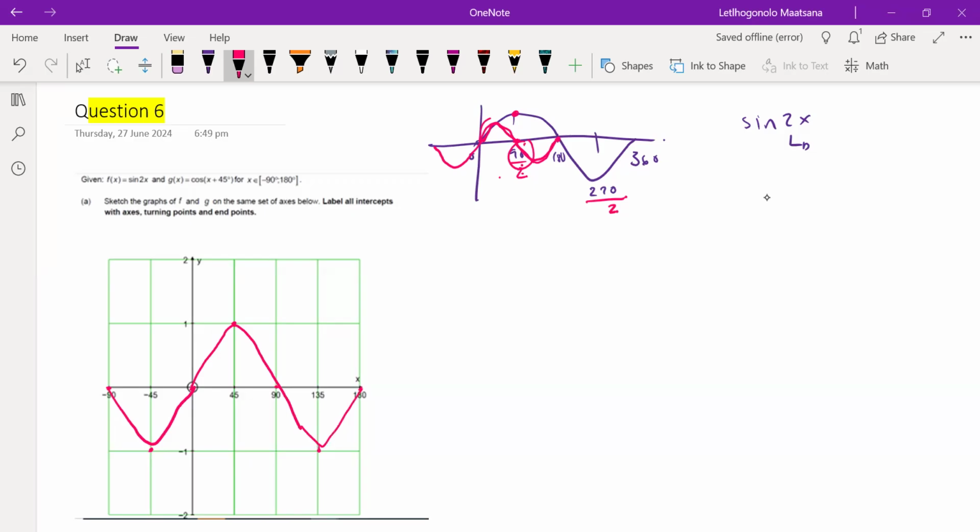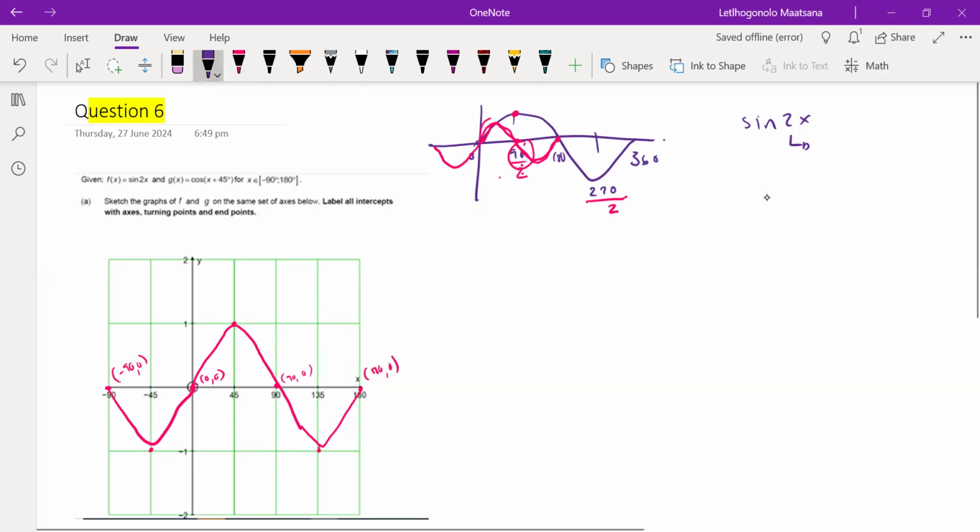So you can just dot them down and write them, because they want us to label the intercepts. That's an x-intercept at 90 and 0 here. That is an x and a y-intercept at 0 and 0 there. That is an x-intercept at minus 90 and 0 there, and another one at 180 and 0 there.